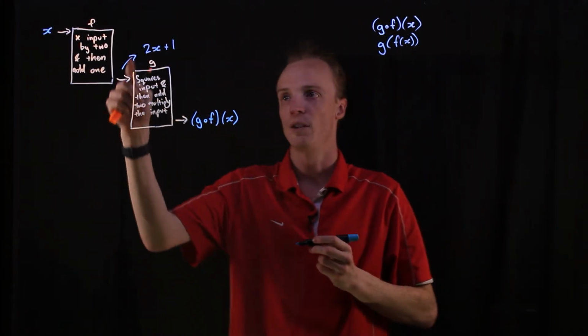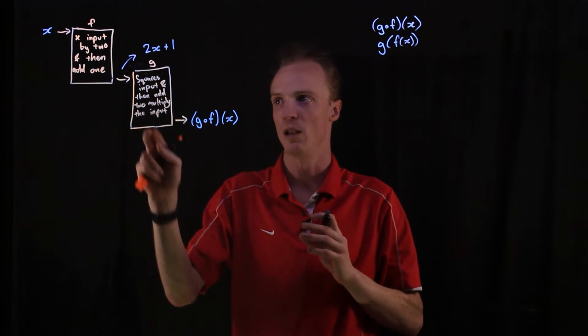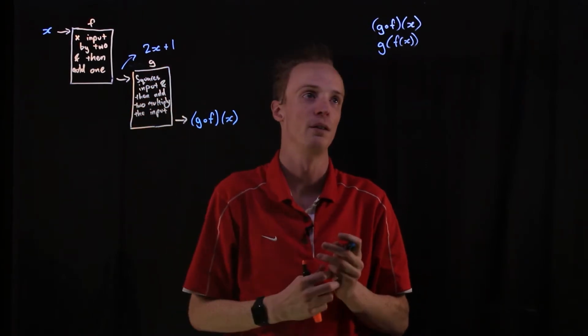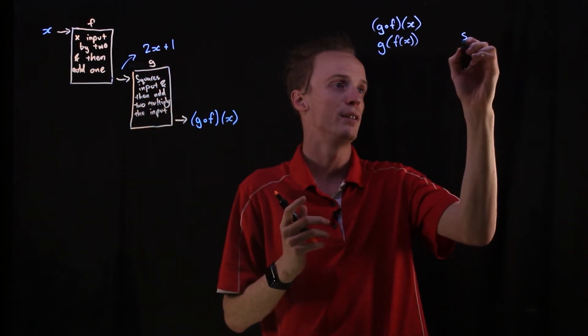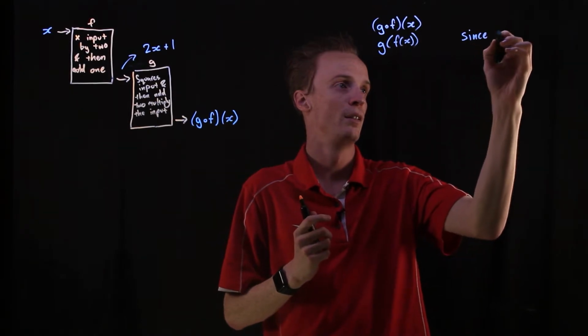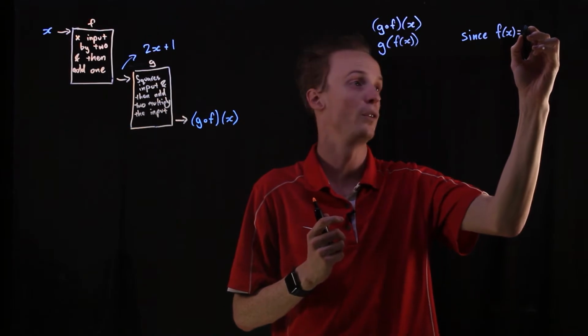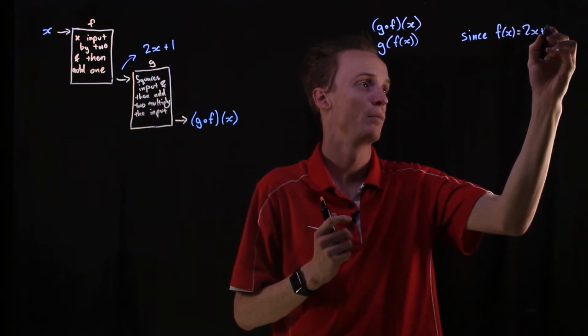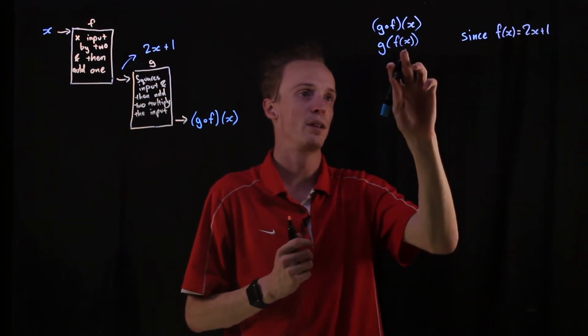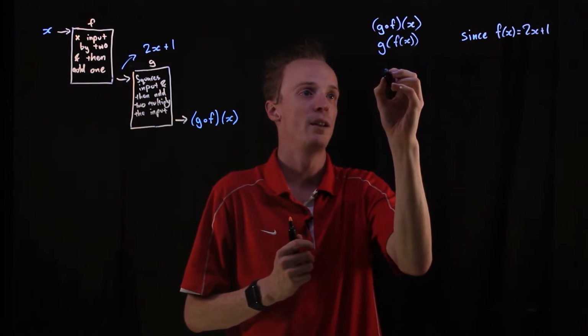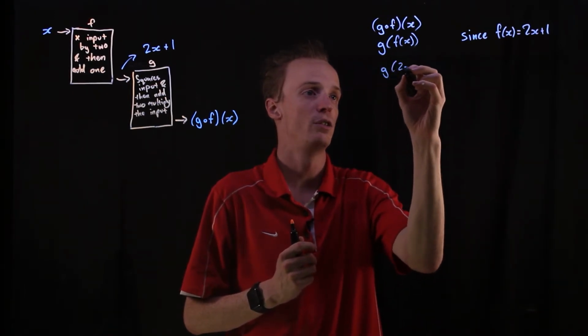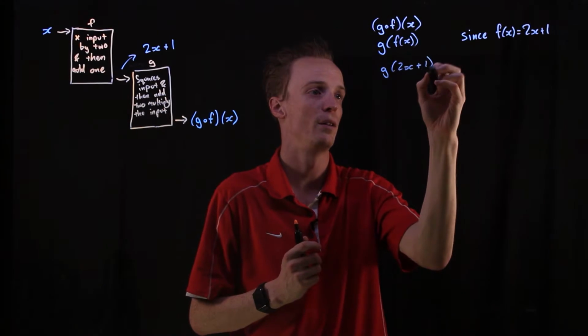So what we're essentially going to substitute into the G machine is 2x plus 1. So since the F of X equals 2x plus 1, we substitute this 2x plus 1 into here, and we're finding the G of 2x plus 1.